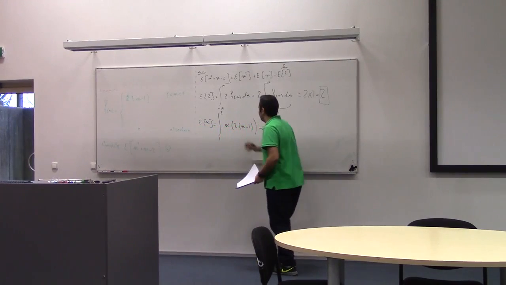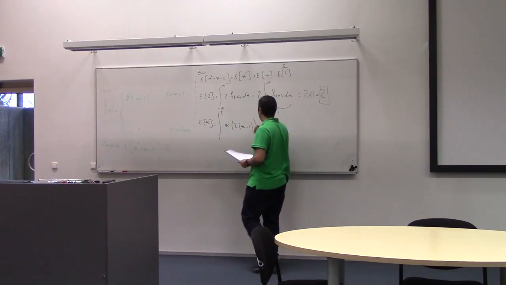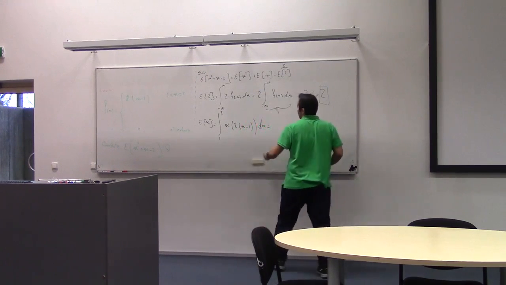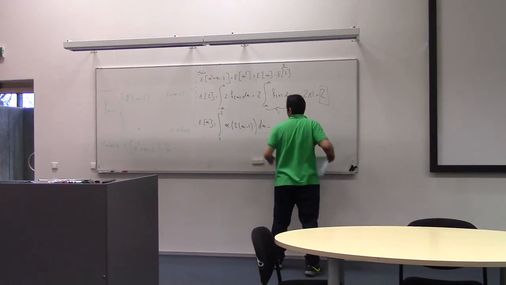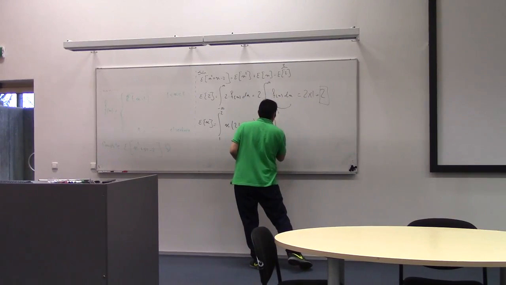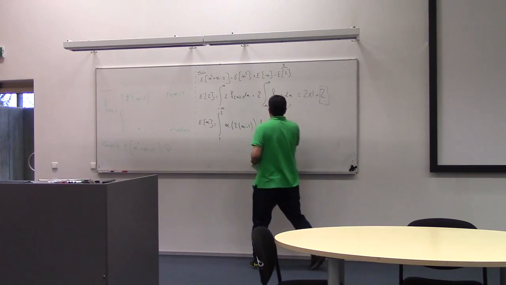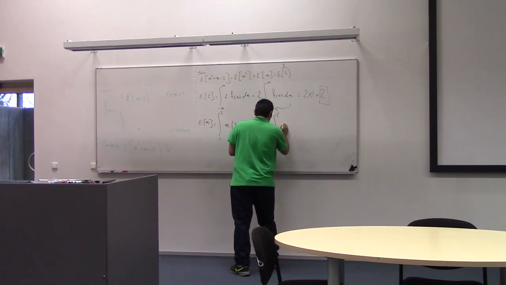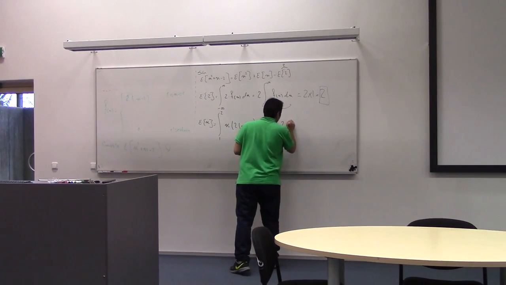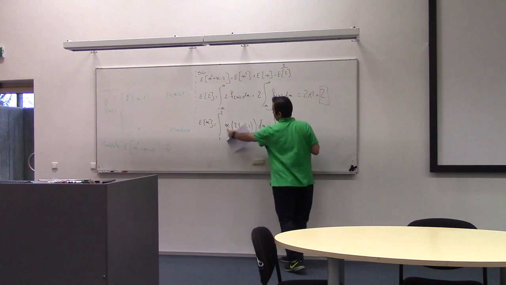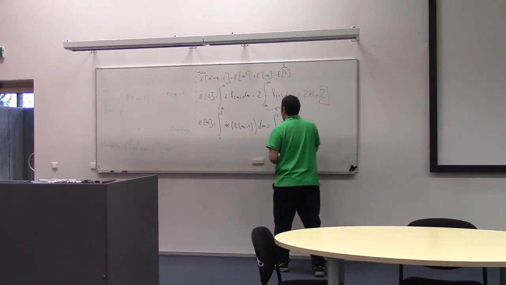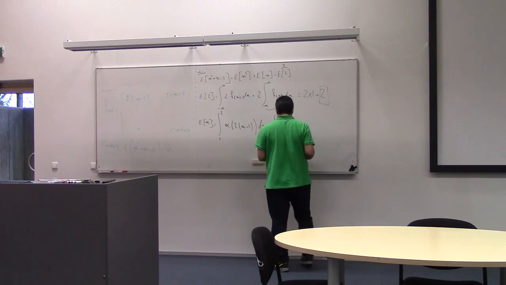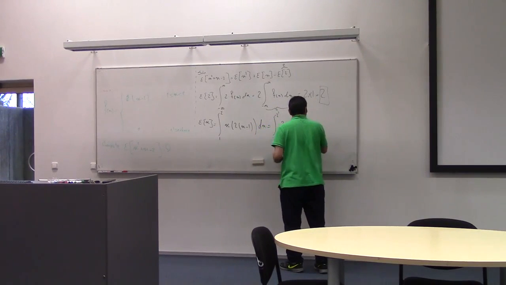Then, if you multiply this by x, we can write the integral between 1 and 2 of 2x multiplied by x, 2x squared, minus 2x, dx.